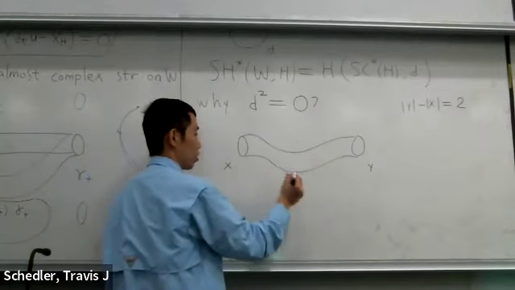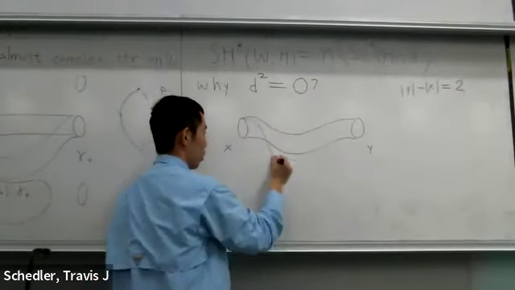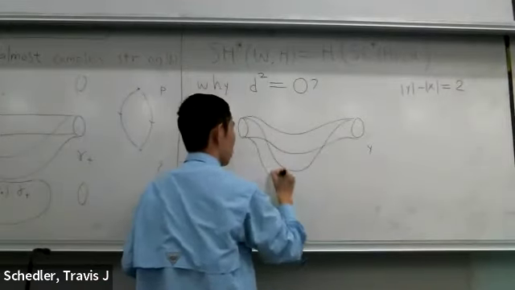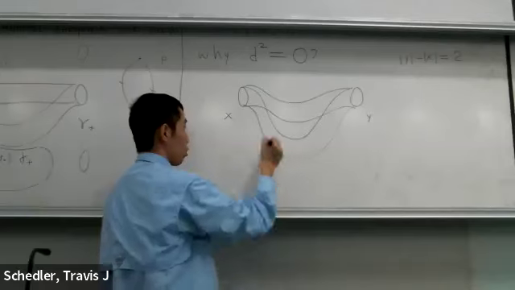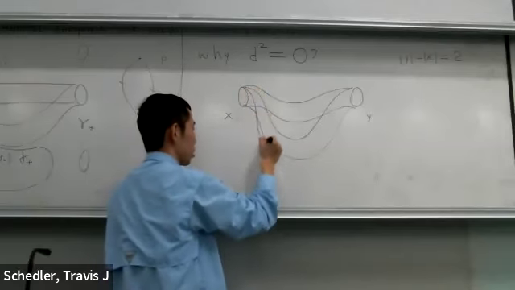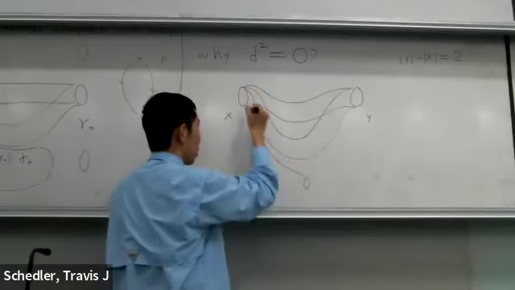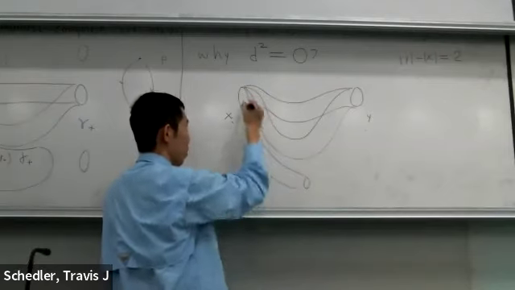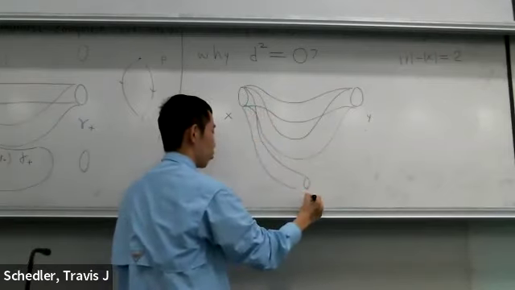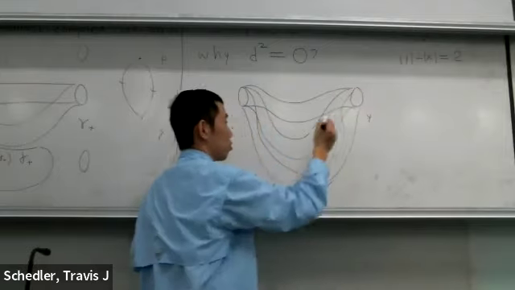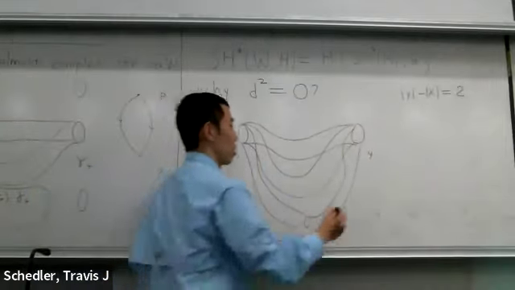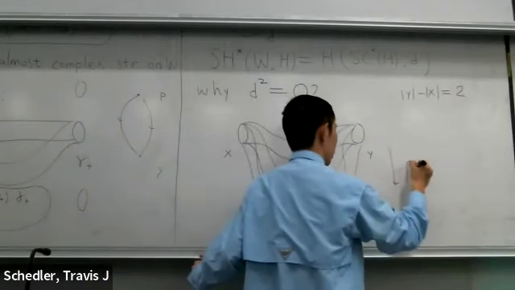The boundary of the moduli spaces is given by the breaking of cylinders. If we have a one-parameter family of cylinders, how do we compactify the moduli space? In the limit, it becomes a breaking: first from x to some other orbit z, and then from z to y. That's the cylinder breaking.